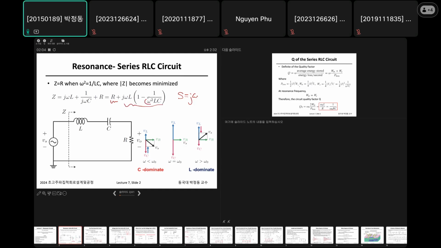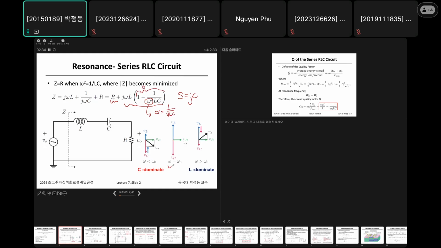As can be seen over here, if omega is chosen in such a way that this value becomes 0, then omega is just 1 over the square root of LC. Then the imaginary part becomes 0, and what you get is R. If you express this in terms of a complex diagram, it is this.